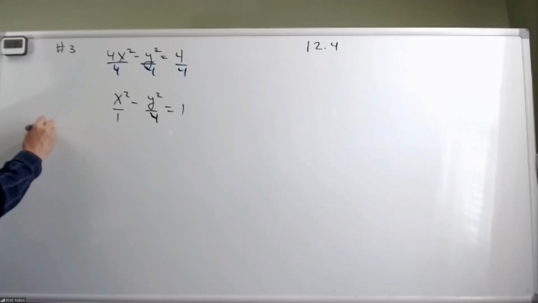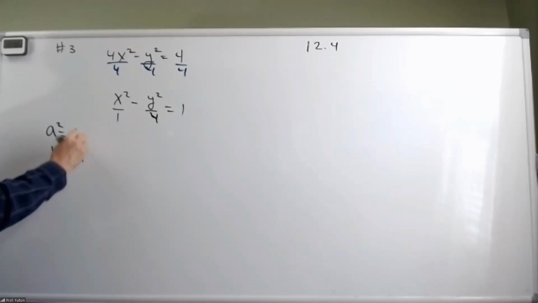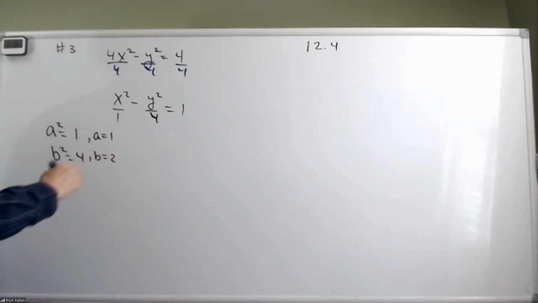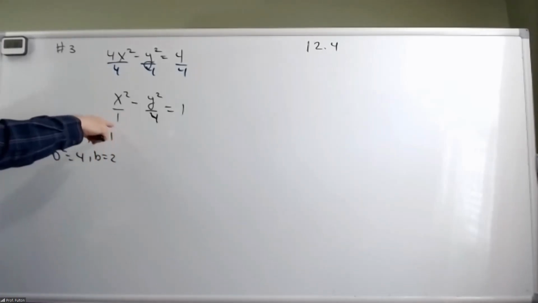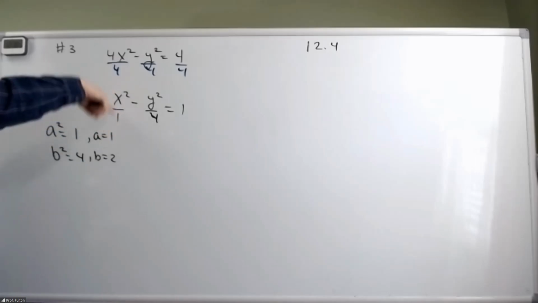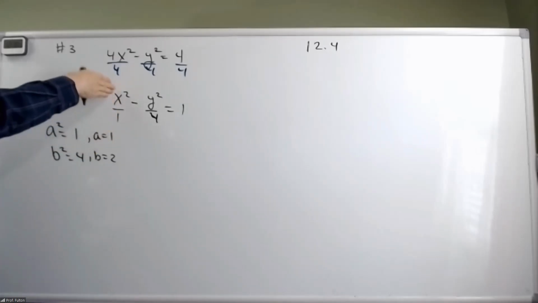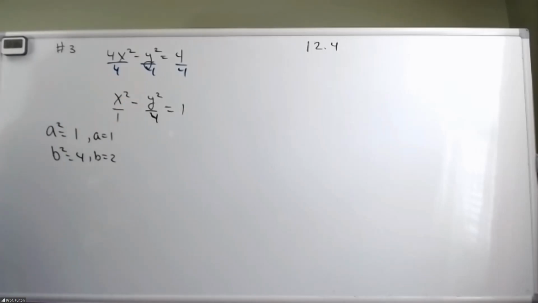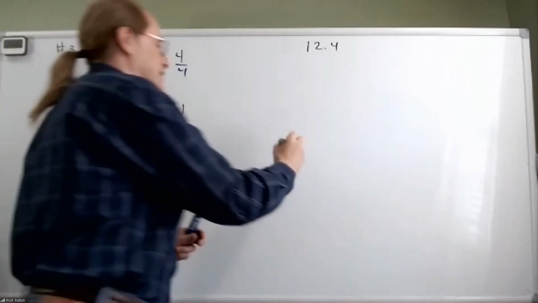I have A squared is equal to 1, and B squared is equal to 4, so that tells me A is 1 and B is 2. So A is not necessarily the largest one, but it just has to be whatever goes underneath the term that doesn't have the negative in it, because the transverse axis is this way.